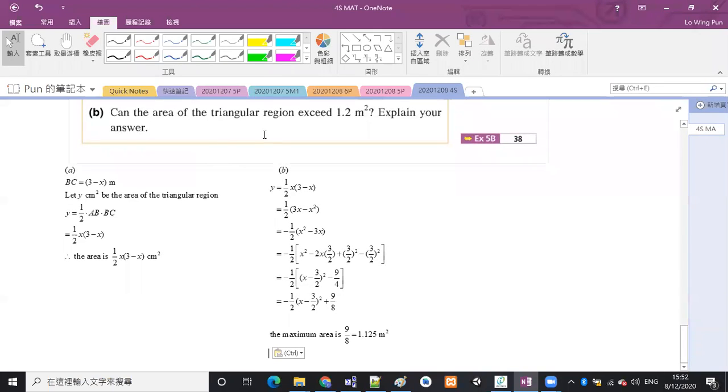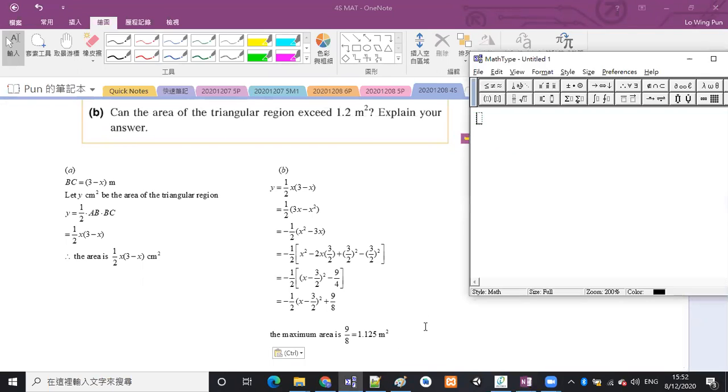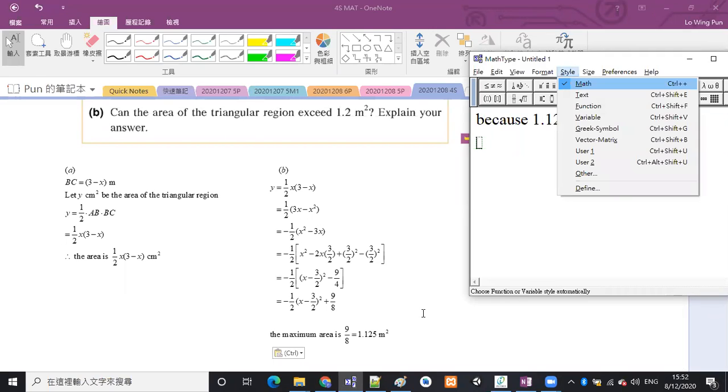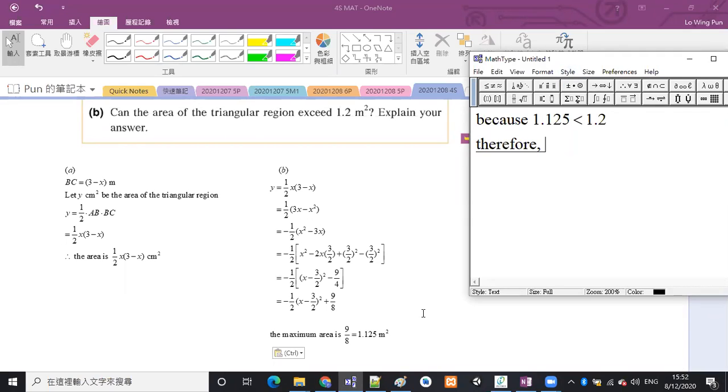OK，咁但係佢就問你啦，可唔可以超過1.2啊？我哋 under 呢一個咁嘅限制底下，圍到出嚟呢一個三角形嘅面積最大都係1.125嘅。OK，咁我哋就咁寫啦。Because 1.125 is less than 1.2, therefore no, it cannot exceed 1.2 meter square.